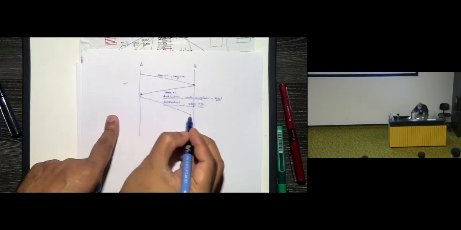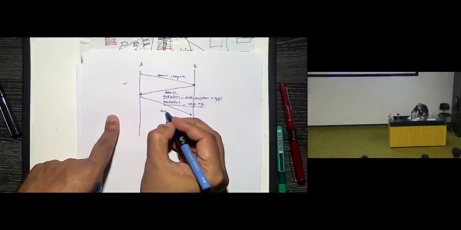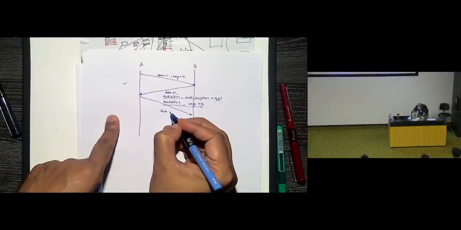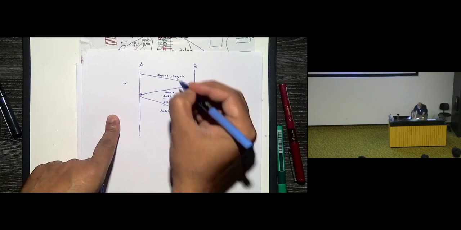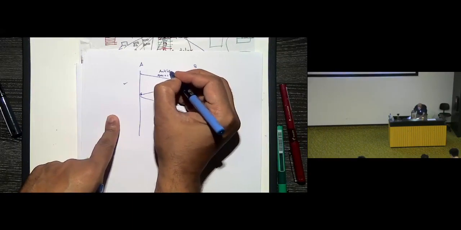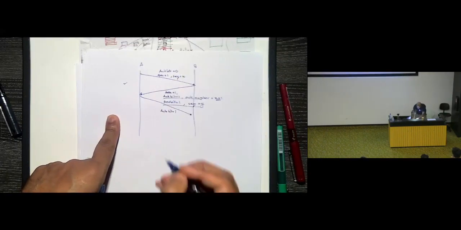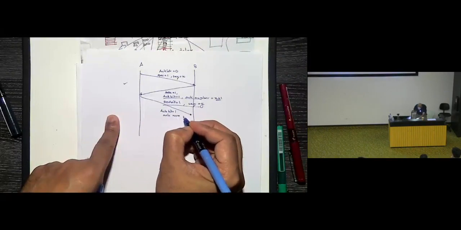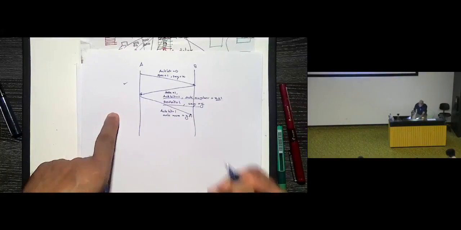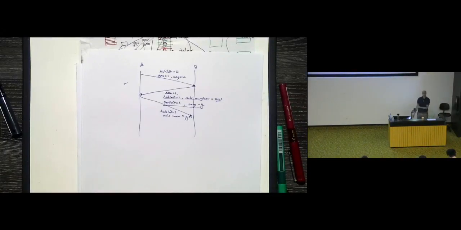So I need to send an acknowledgement, and this time my ACK bit will be 1. Here, if you see your ACK bit, this was 0, and then ACK number will be Y plus 1, saying, yep, you wanted to start at Y, good, now give me Y plus 1.